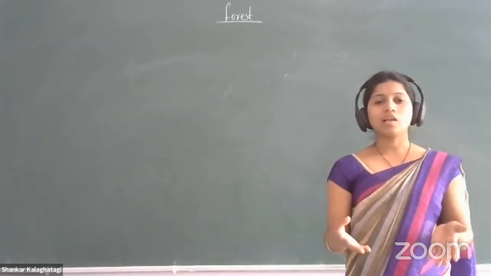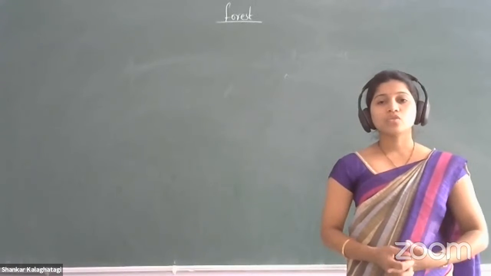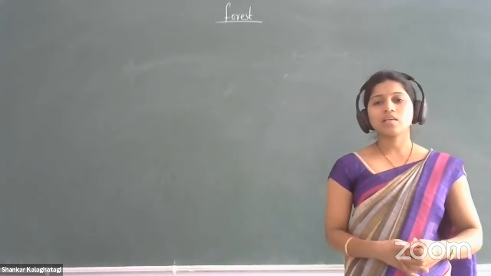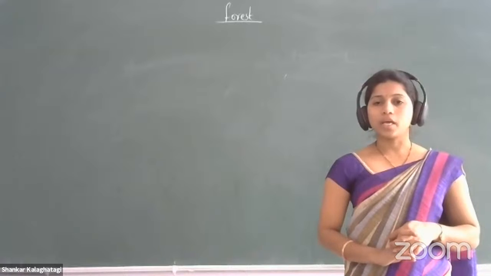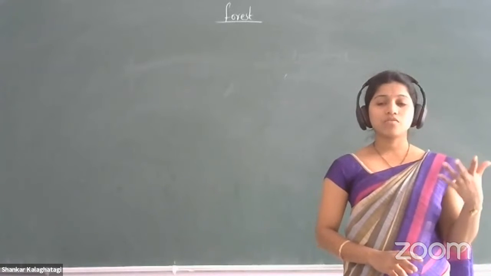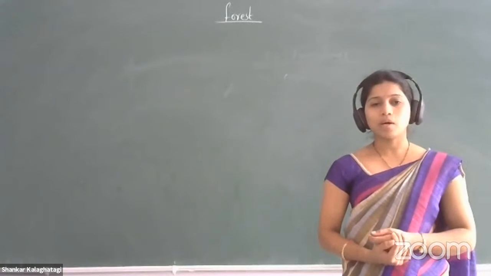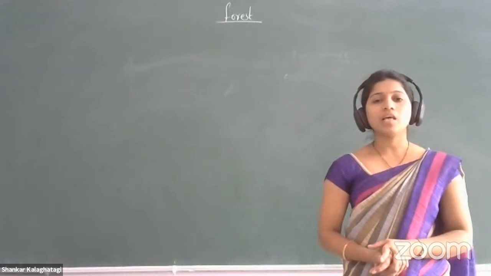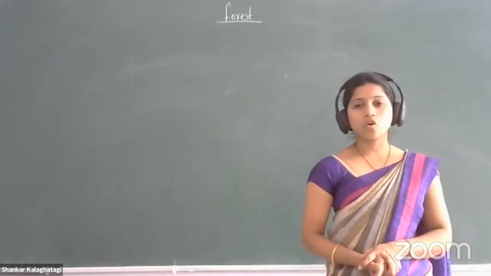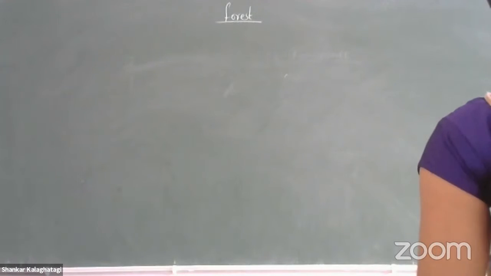So we all release carbon dioxide, and that causes the increasing level of carbon dioxide. So that causes global warming. Nowadays it is very difficult to stay in the summer season, isn't it? The temperature is increasing. So that is global warming, due to the absence of forest or deforestation.